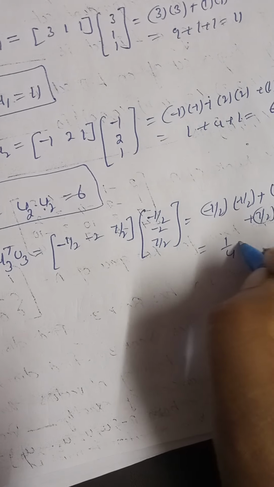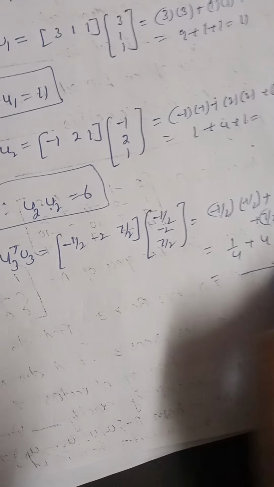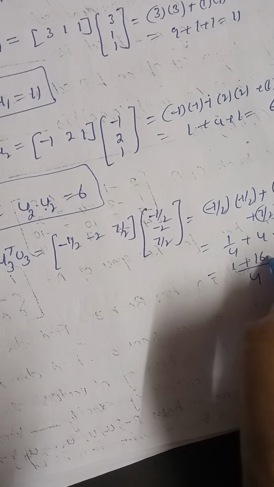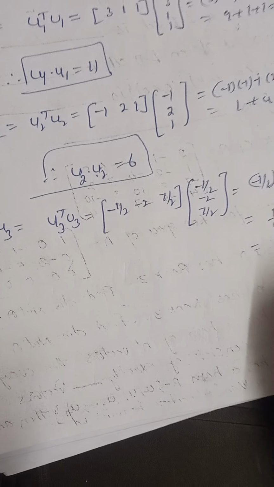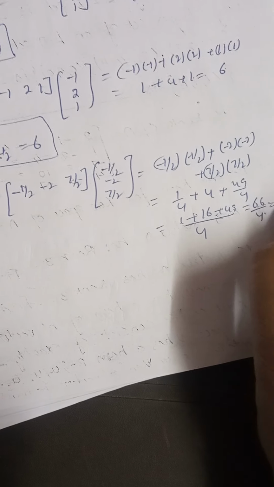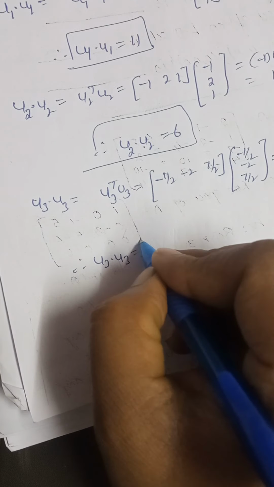This is 1/4 plus 4 plus 49/4. LCM is 4: (1 plus 16 plus 49)/4, which is 66/4, which on simplification is 33/2. Therefore, u3·u3 is equal to 33/2.